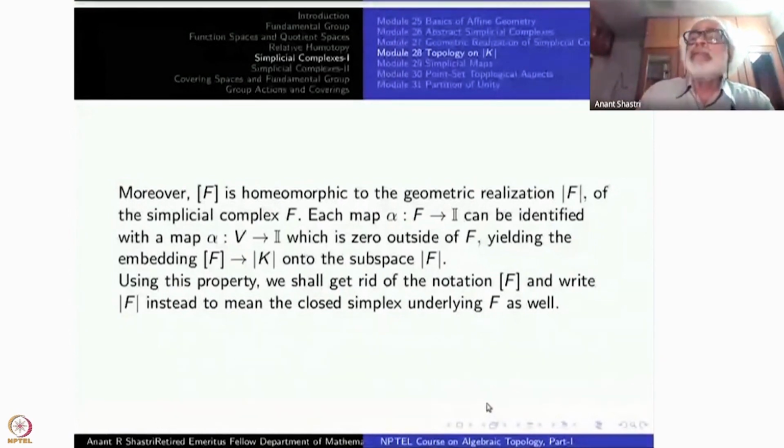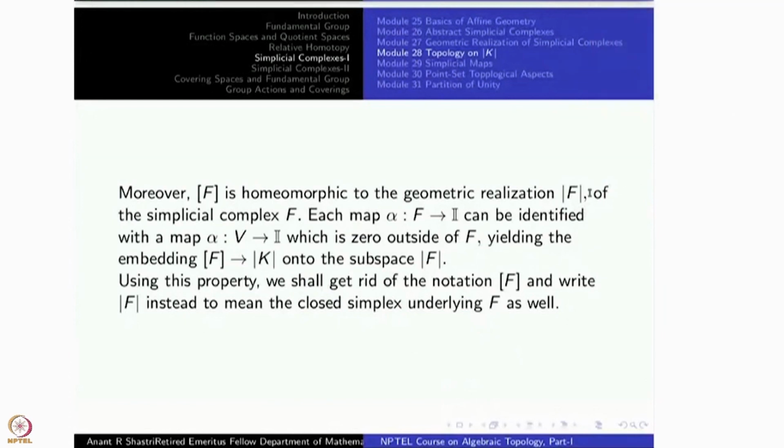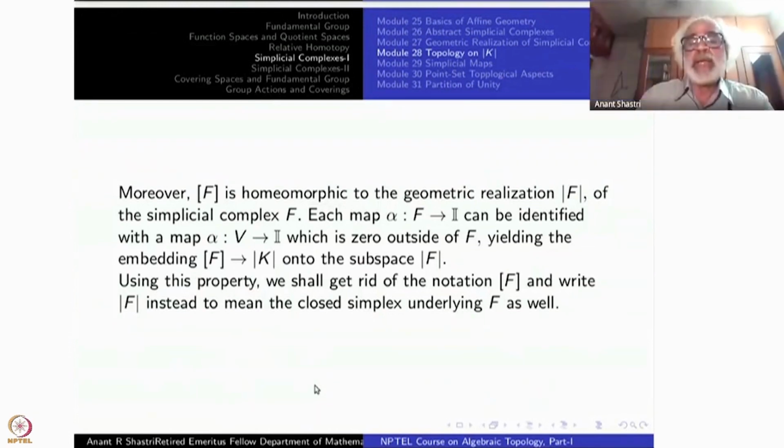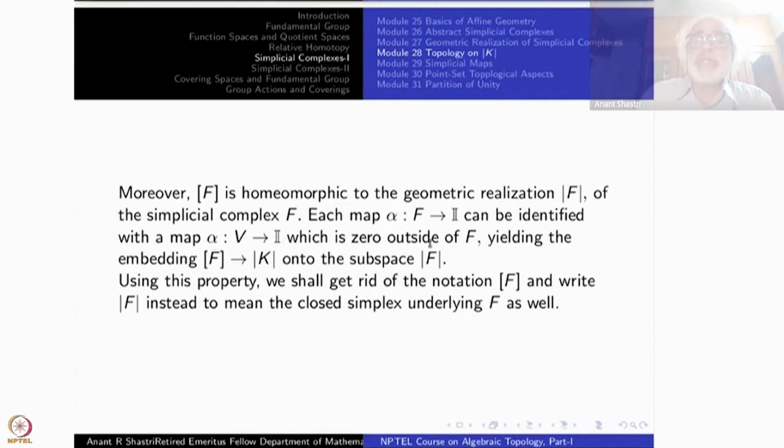The first condition is automatic because every subset of F is already inside the simplicial complex. So this closed F is a subset of some simplicial complex mod K, but its geometric realization can be identified with the geometric realization of the simplicial complex F. Each map alpha from F to I can be identified with a map alpha from V to I, which is 0 outside F and yields the same condition.